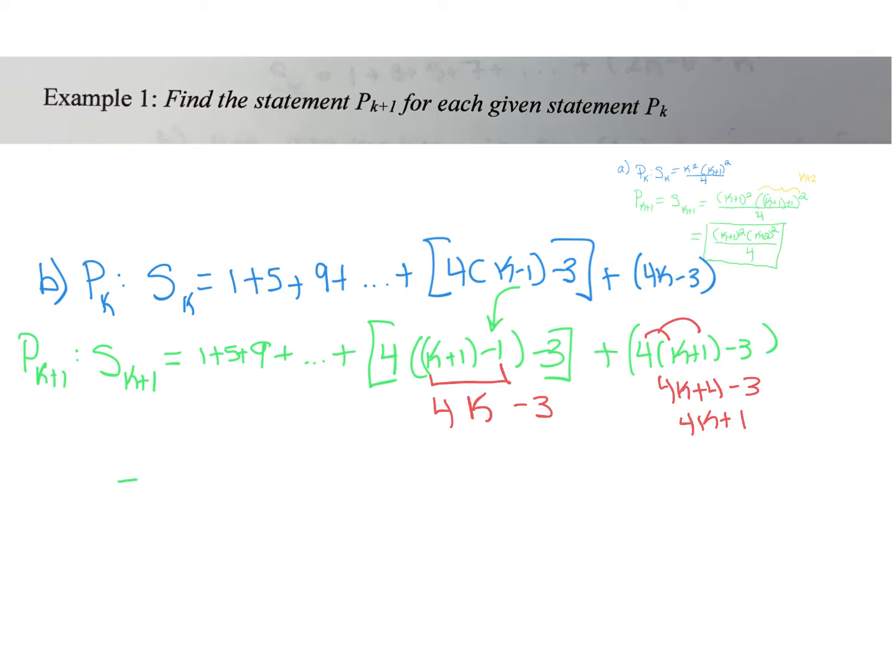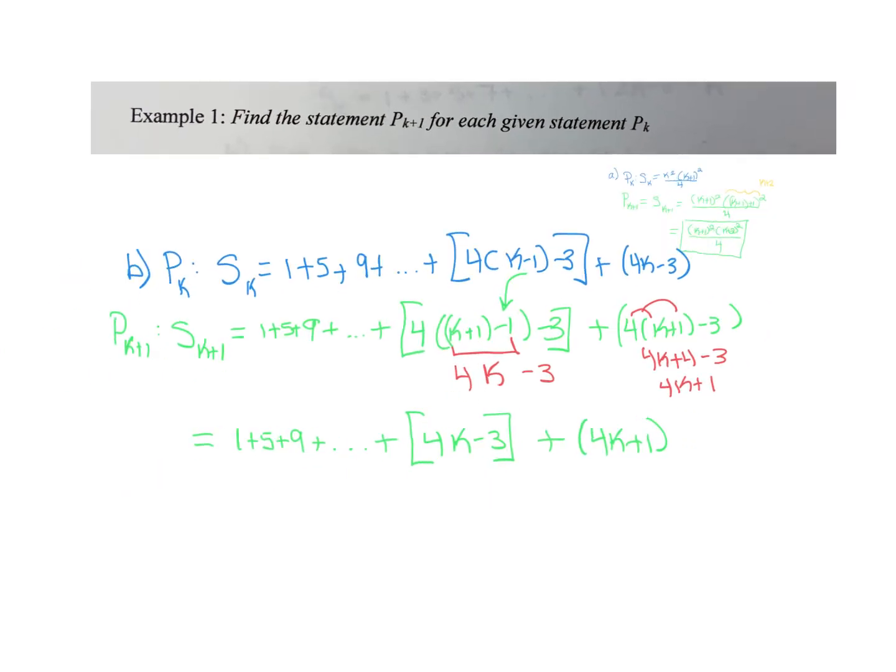One last time: 1 plus 5 plus 9 plus ... plus, we talked about this one was really just 4k minus 3. You really don't need the brackets. You can just put parentheses if you wanted. Plus parentheses 4k plus 1, like that.